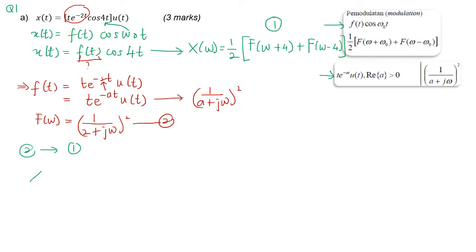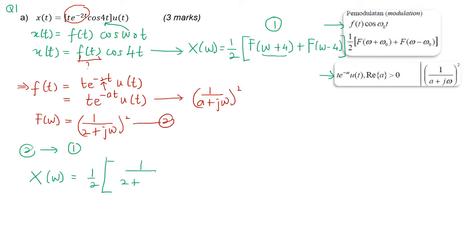Therefore, your X(omega) equal to 1 over 2. What is your F(omega)? So F(omega) equal to 1 over 2 plus, the first one, omega must be added by 4.